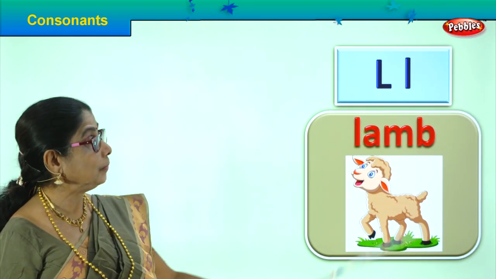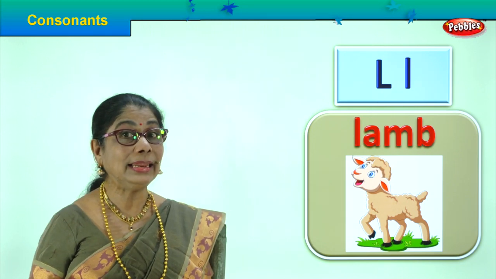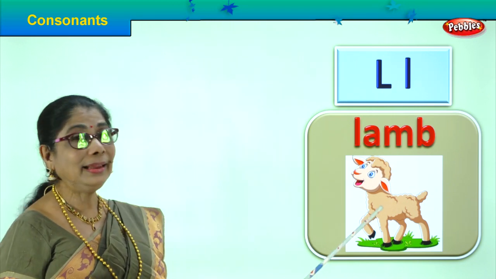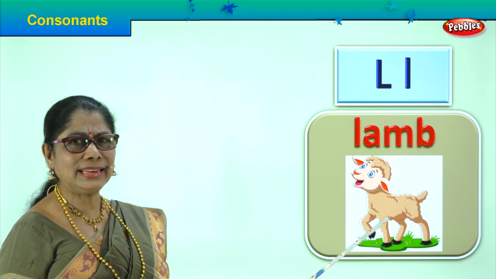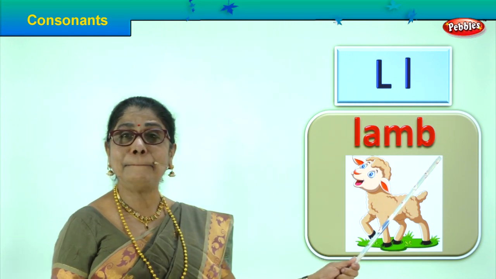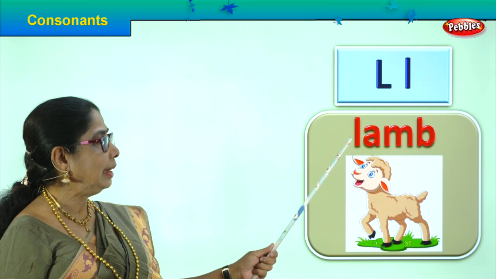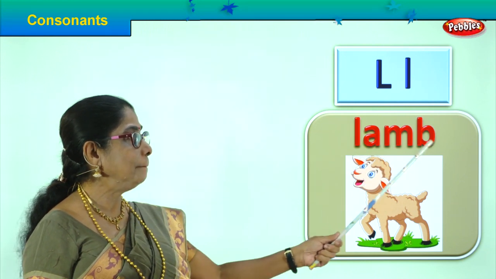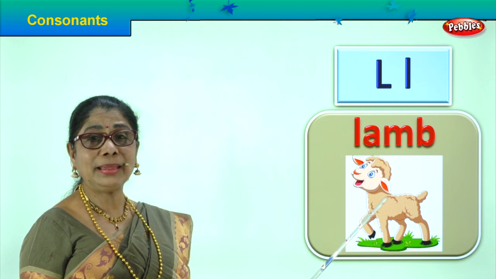Look what you have. Consonant L. Sound L. A little lamb. Oh, so cute they look. Isn't it? Baby lamb. Let's spell lamb. L-A-M-B. Lamb. What does the lamb say?